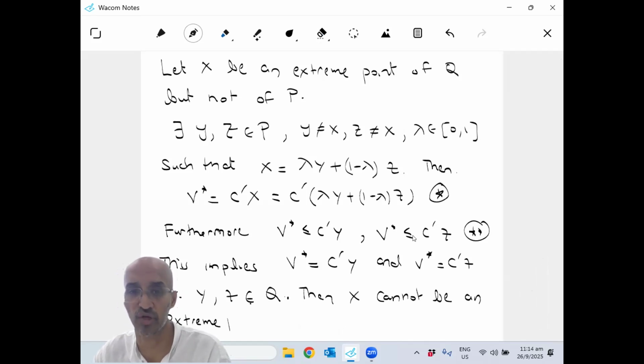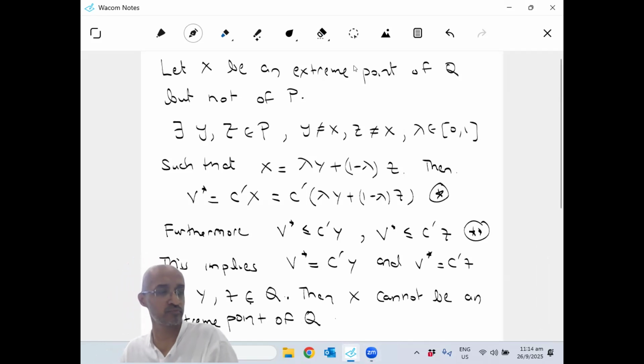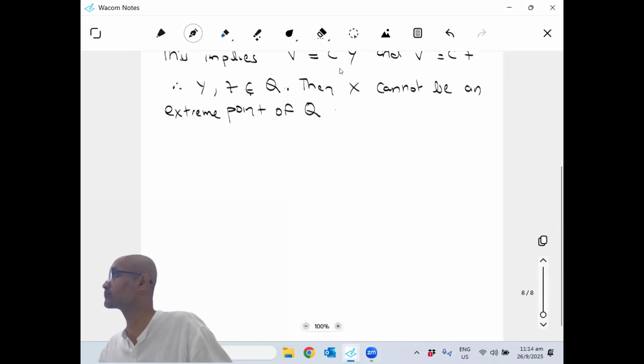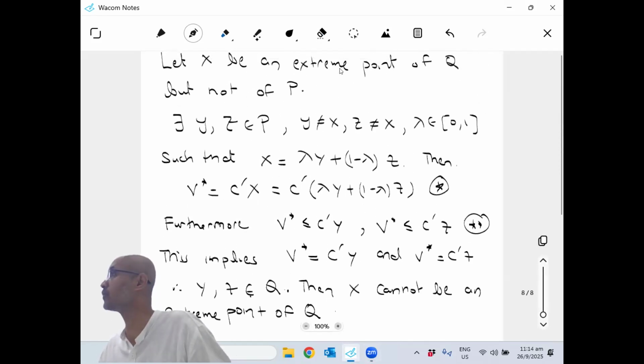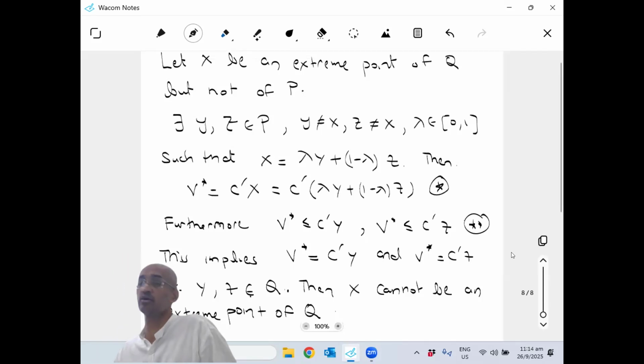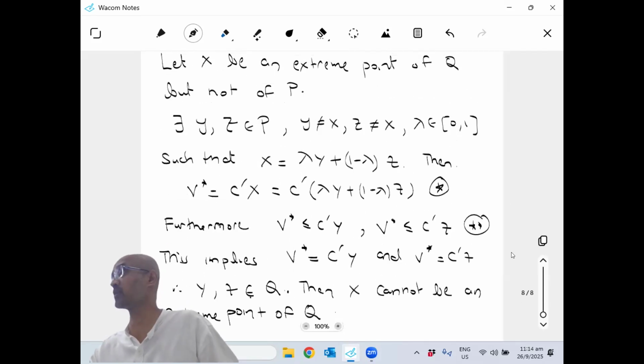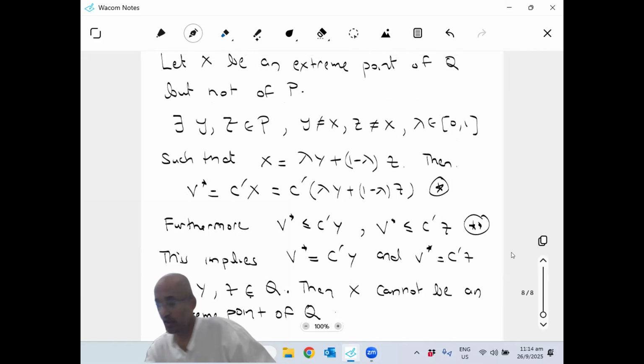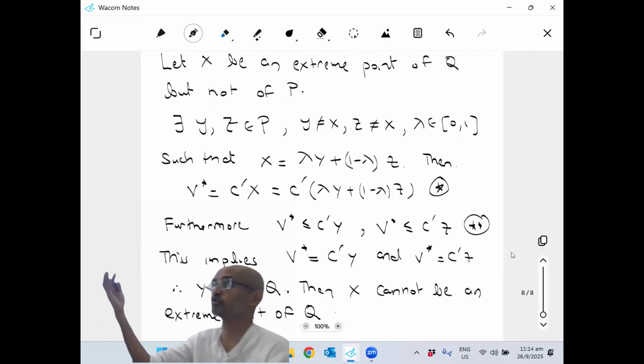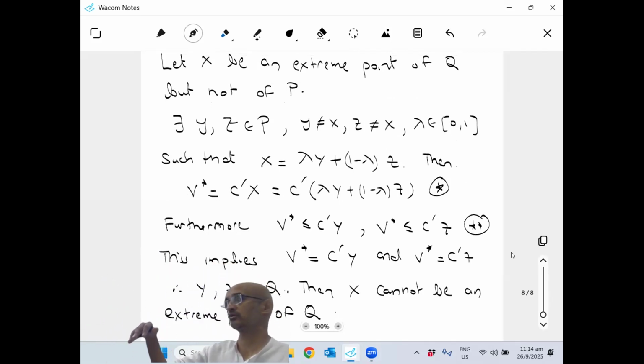So it's a proof by contradiction. Then X cannot be an extreme point of Q, completing the proof. All we are saying is that you can write X as a convex combination of some points in the larger set, but each of these points also has to lie in the original optimal set.